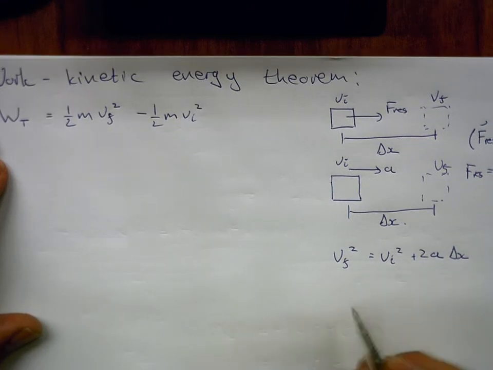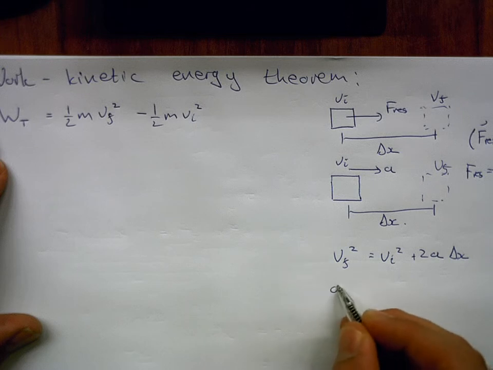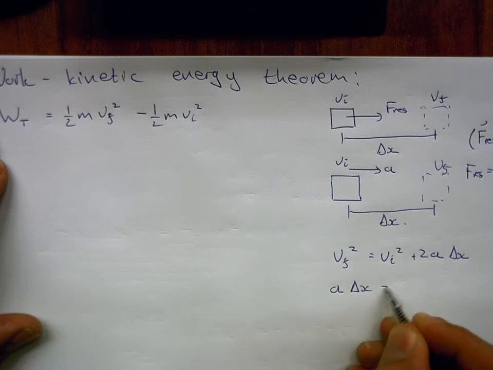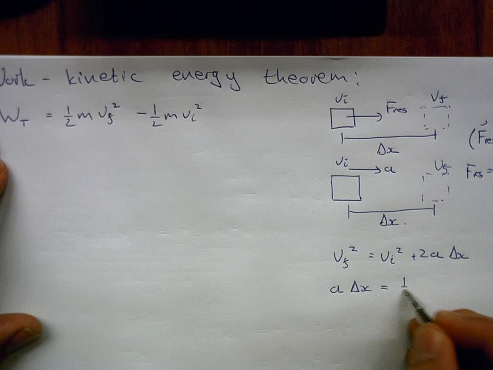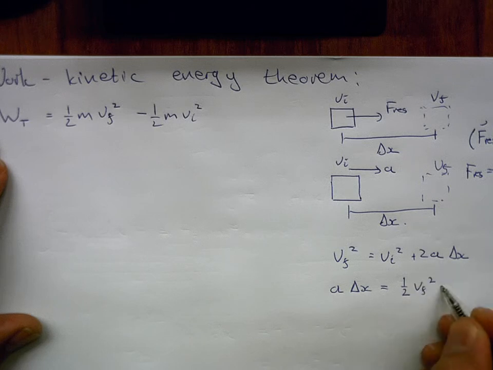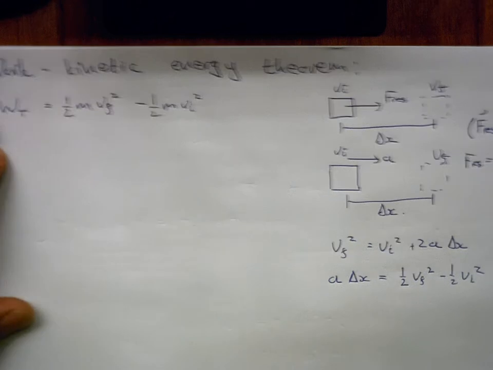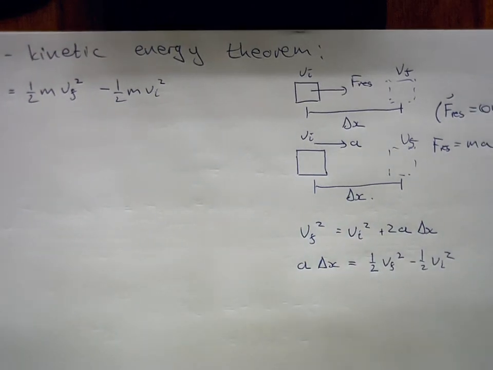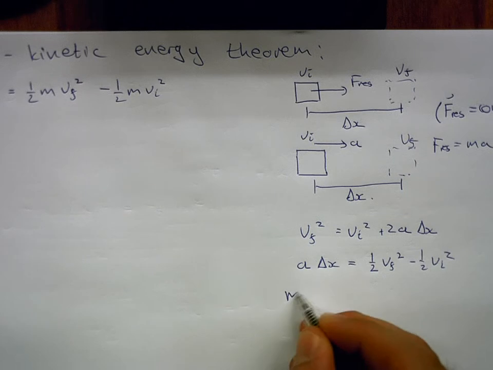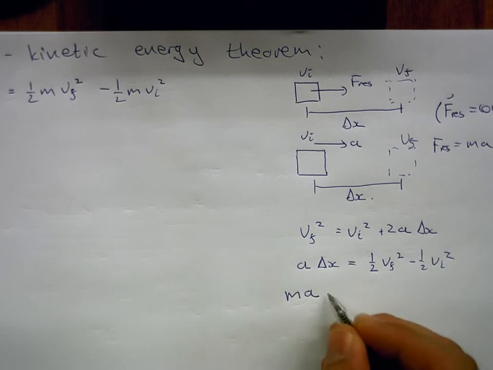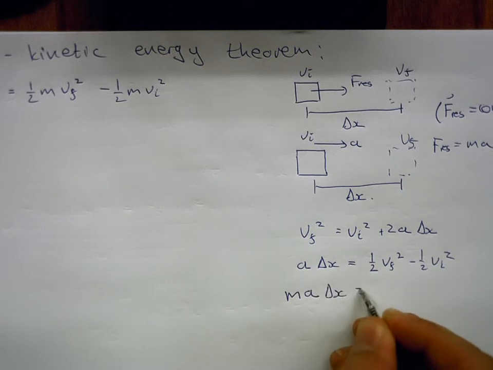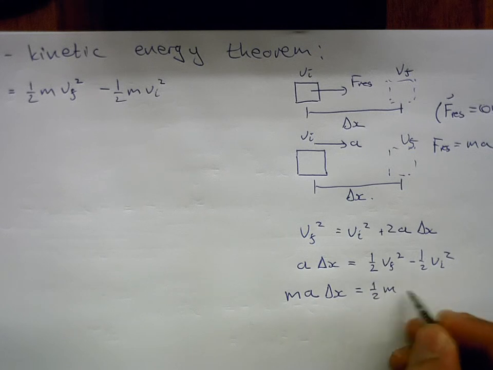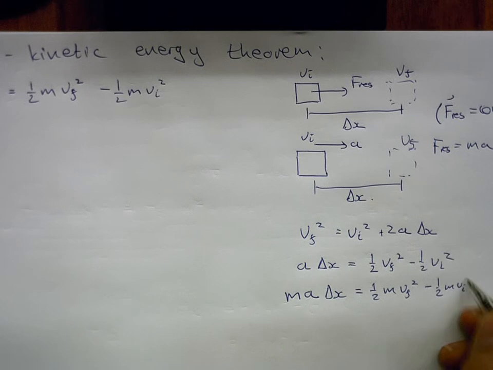So we can write this as a times delta x is equal to a half v final squared minus a half v initial squared. We just rearrange terms. If I multiply by the mass of the object, I get the mass times the acceleration times the displacement is equal to a half m v final squared minus a half m v initial squared.